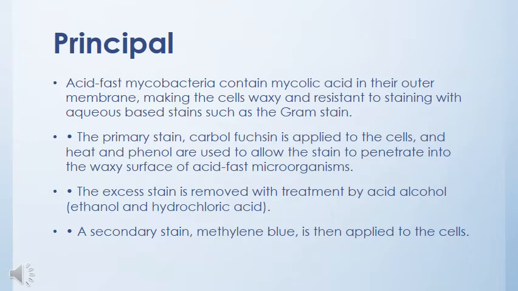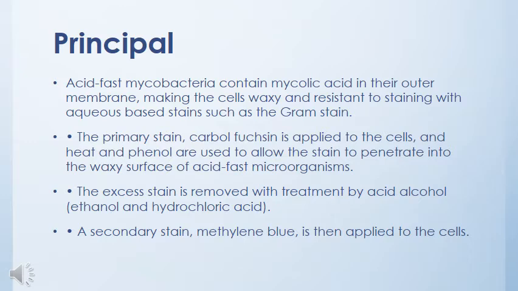The primary stain, carbolfuchsin, is applied to the cells, and heat and phenol are used to allow the stain to penetrate the waxy surface of the acid fast microorganism. So carbolfuchsin is mixed with phenol.